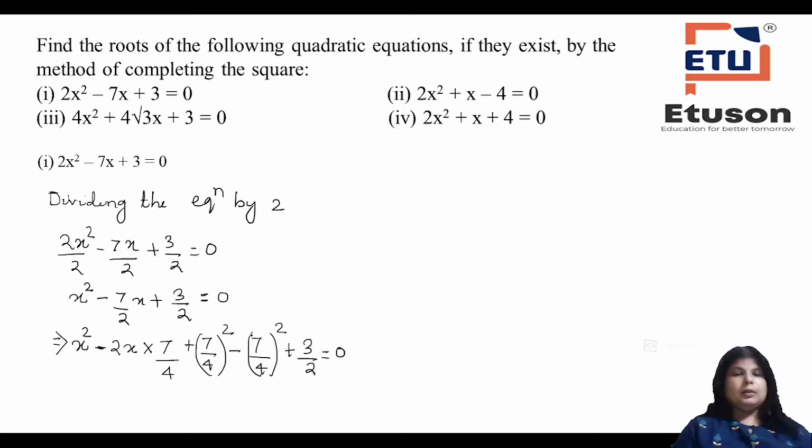So now, let us write down what you have got. It implies you have x minus 7 by 4 whole square. Then you had subtracted this 7 by 4 whole square. Then you had a term which was already there in the equation, that is 3 by 2.